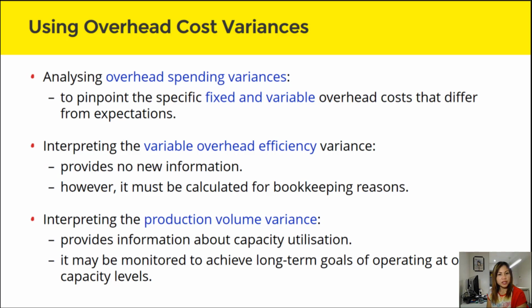However, the variable overhead efficiency variance provides no new information for us. However, you have to calculate this information for bookkeeping reasons. Production volume variance provides information about how you use the capacity. It is also useful because you can use this to monitor long-term goals of the operation to use the maximum level of capacity.